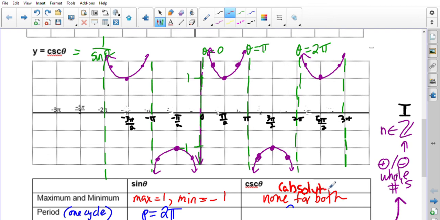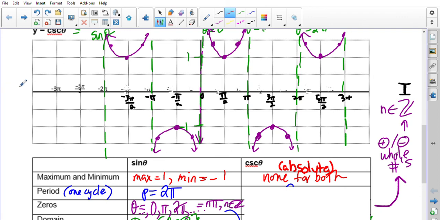If I were to ask about local max or mins, yes, it does have that. That would be considered a local min, a local min, a local min, a local max, and a local max. So at the side here, it only has local max and mins, but no absolute.